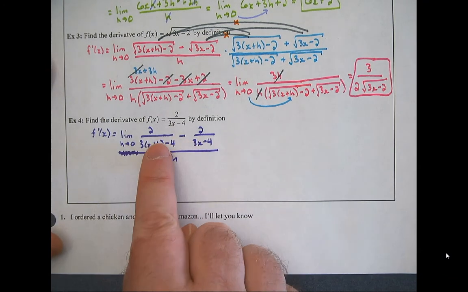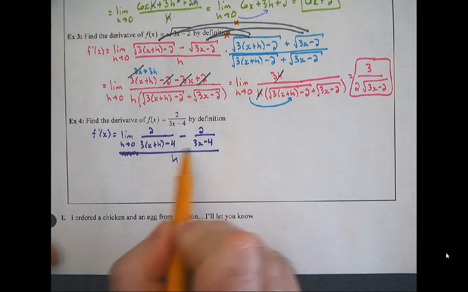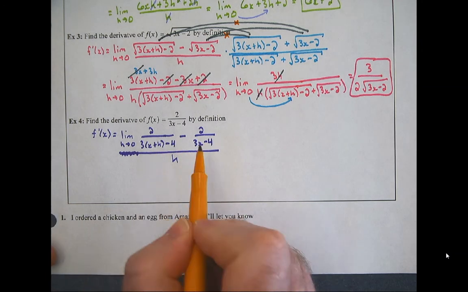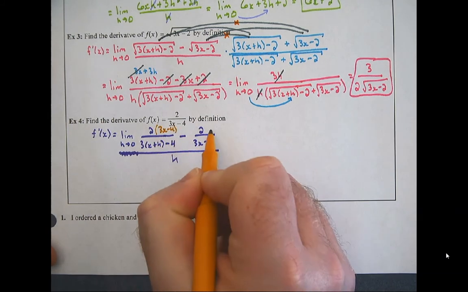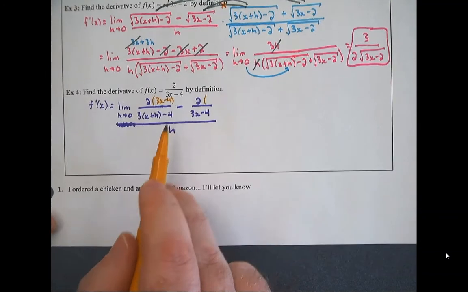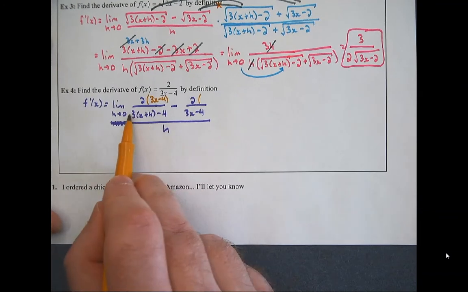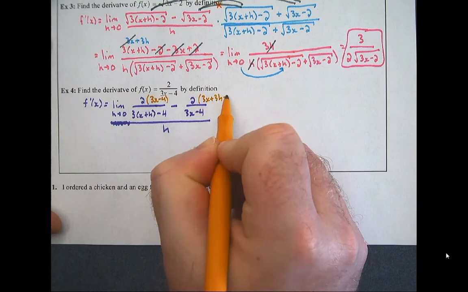So we've got a fraction. Subtract another fraction. If you want to put fractions together, you must have a common denominator. So a guaranteed way to make two denominators the same is to multiply them by each other. So 3x minus 4. I'm going to distribute this now, kind of like up here where I had to distribute later. So this is going to be 3x plus 3h minus 4.